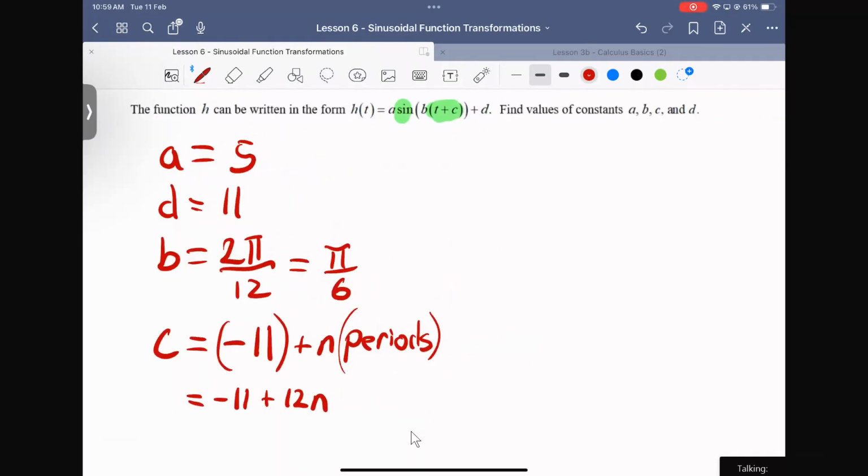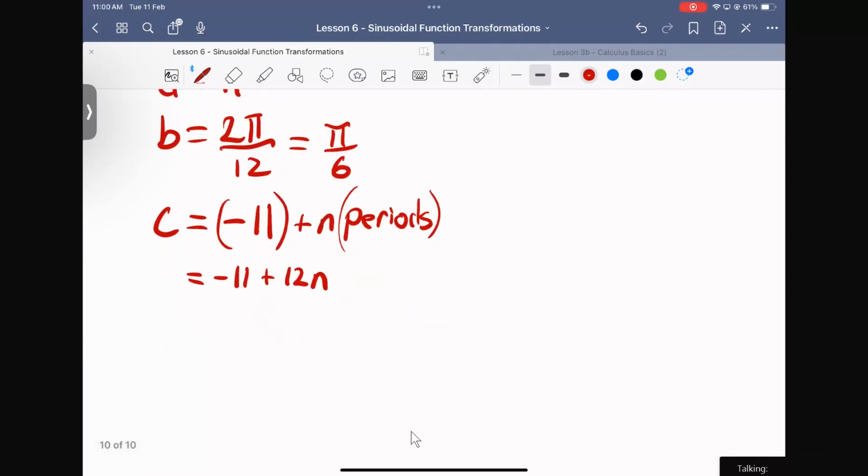For this example, there doesn't have to be a translation. There does have to be a horizontal translation for this one. Well, it's still correct if there isn't. No, it's not. It has to fit this model where n is an integer.